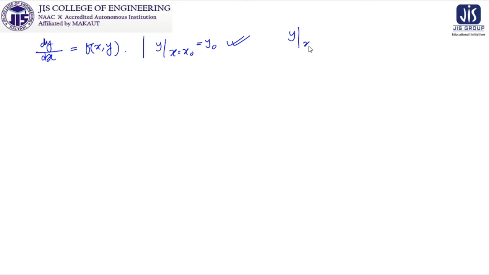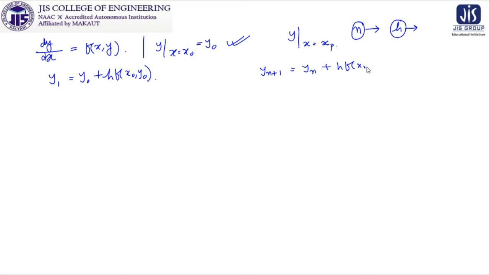We are trying to find y at a specific x, x equal to xp, and we are either given the number of steps to perform or the step length to consider. And the working rule was y1 equal to y0 plus h f(x0, y0), and in general, y(n+1) equal to yn plus h f(xn, yn).